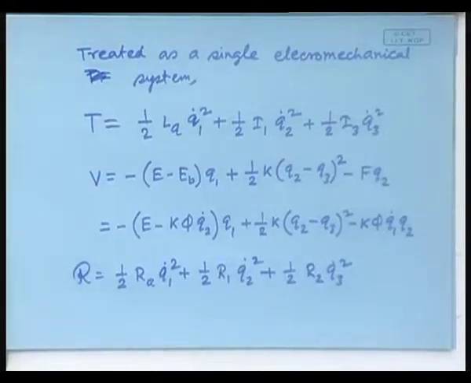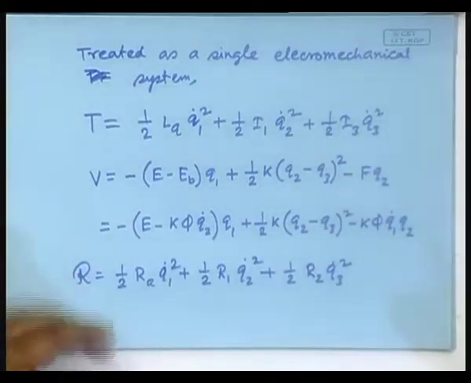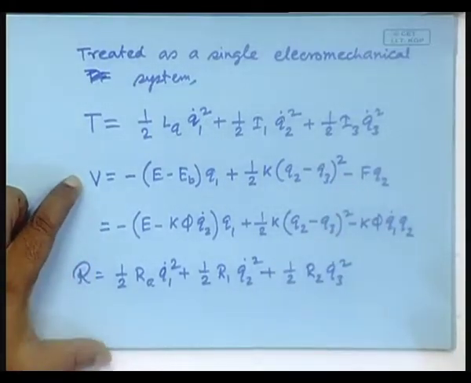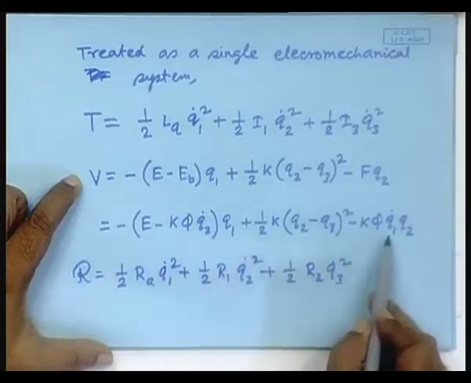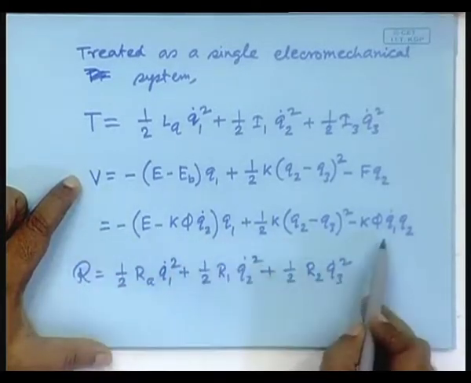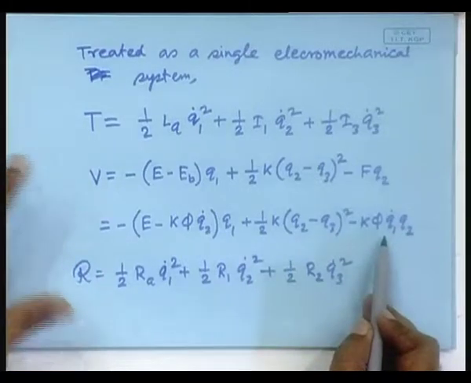Now, notice one problem. The problem is that in the whole derivation we had assumed that V is independent of the velocities, and they are dependent now. V is now dependent on the velocities, and therefore, we cannot use exactly the same formulation, but still we can use a similar formulation because we had proceeded up to one point without assuming that, and at some point we had introduced that assumption.